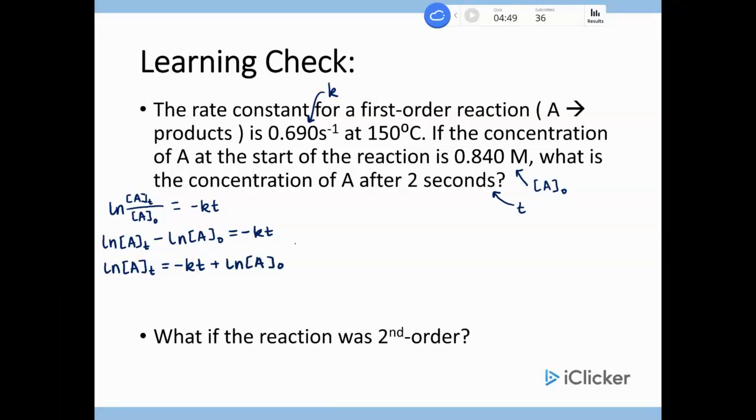We're looking for concentration of A at time t. We've got rate constant, we've got time, we've got initial concentration.